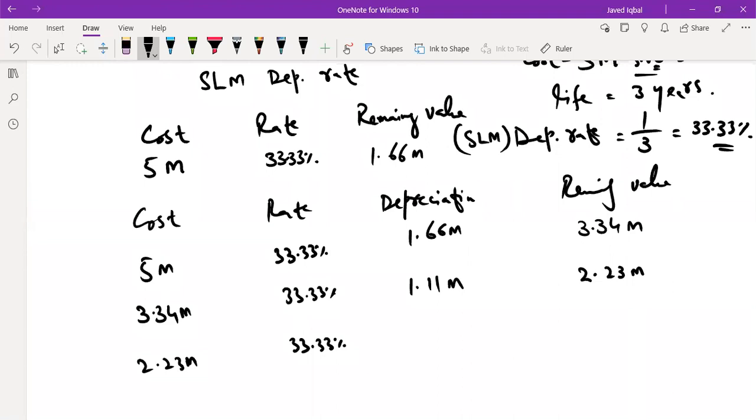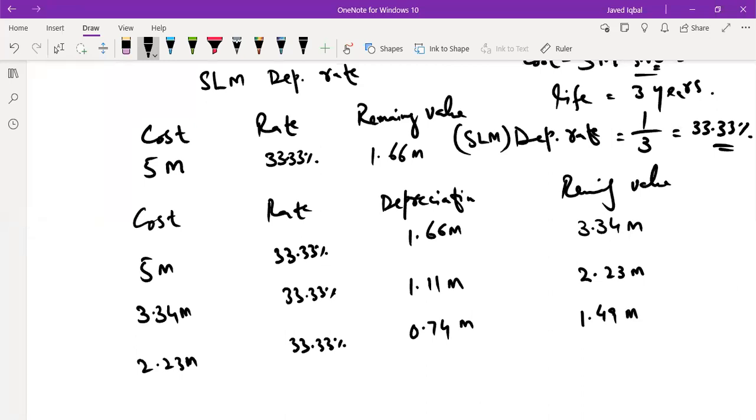So you get 0.74. The difference, 2.23 minus 0.74, gives you 1.49 million.